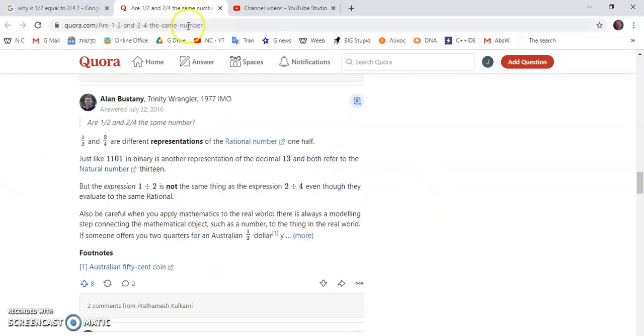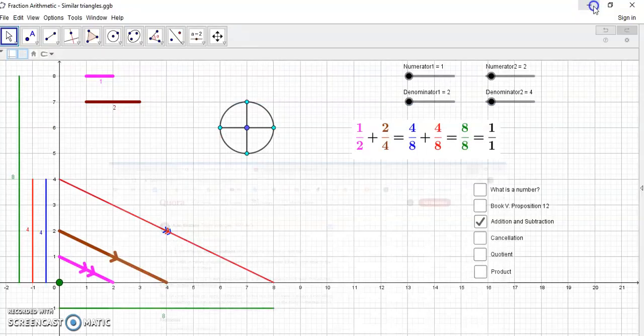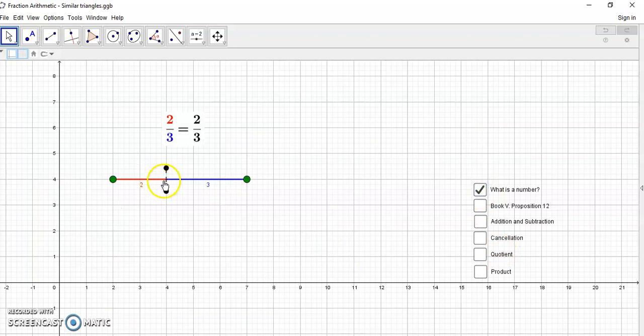So that's all I wanted to show you today, and I hope you've learned now why we can write a half is equal to 2/4, because every number is represented by an antecedent and a consequent ratio. For example, this here wouldn't be a number until we establish that this line segment and this line segment can be measured by the same line segment, okay?